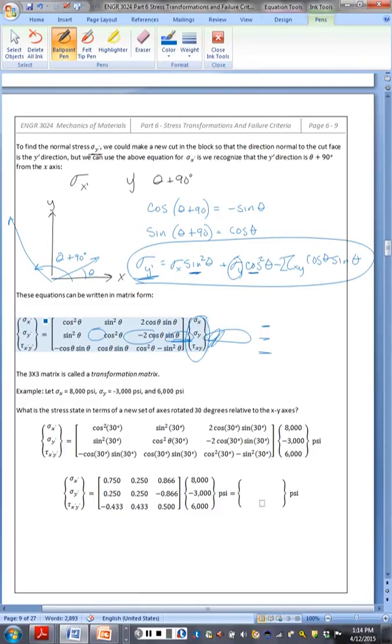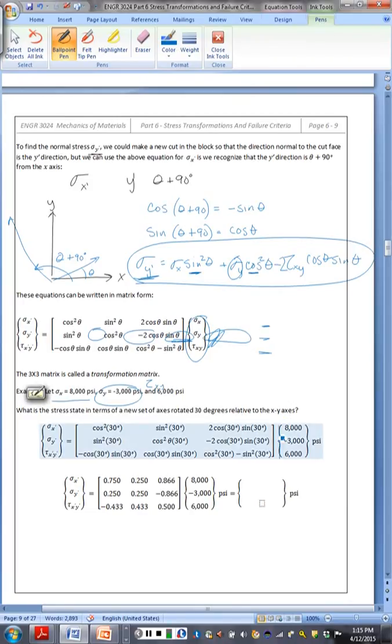So going through an example, if we have a stress state where our x direction stress is 8,000 psi in tension, we have 3,000 psi compression in the y direction, and typo in the course pack, we have a tau xy shear stress of 6,000 psi.